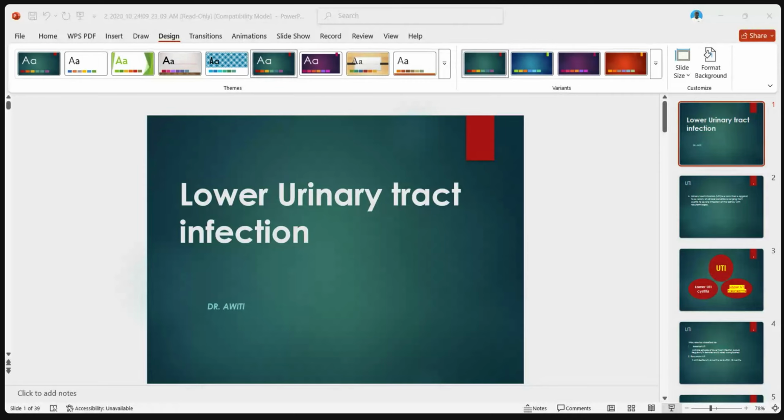Candidiasis, very okay. Gonorrhea is usually classified as an STI. Any other? What about chlamydia? Chlamydia trachomatis is there. We have bacterial vaginosis. Bacterial vaginosis is there. Thank you.